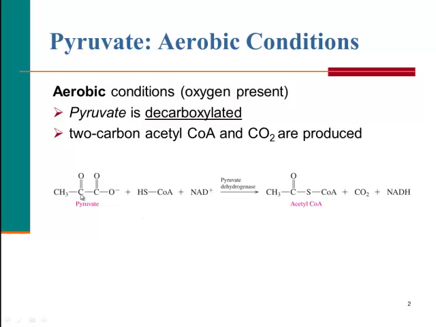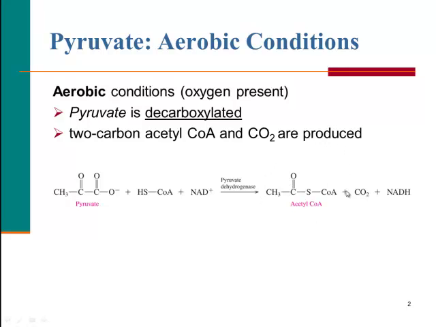Now the remaining 2 carbons are going to be attached to a coenzyme A molecule. That's a molecule I introduced to you guys in one of the earlier mini lectures of this chapter. So this 2-carbon group called an acetyl group is attached to coenzyme A at the sulfur atom to produce acetyl-CoA.